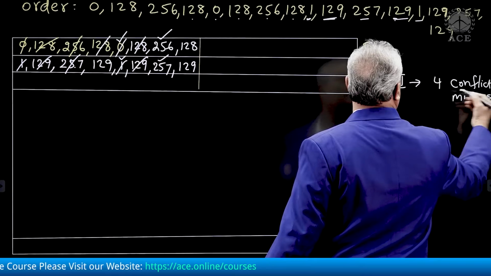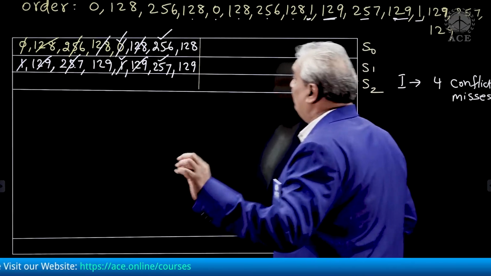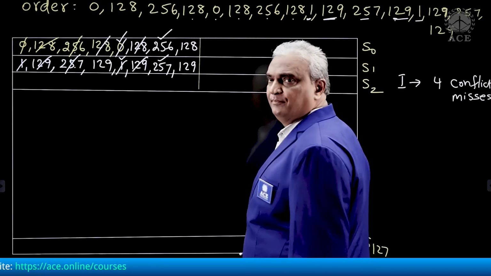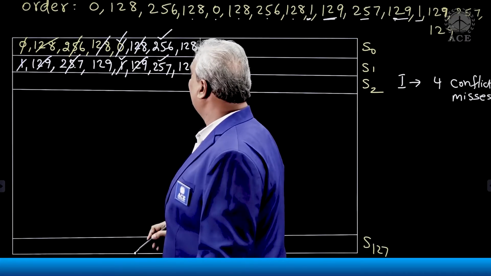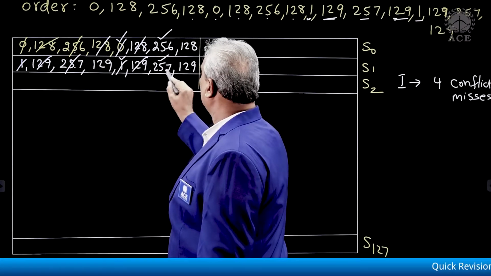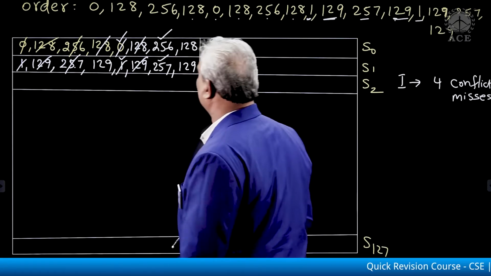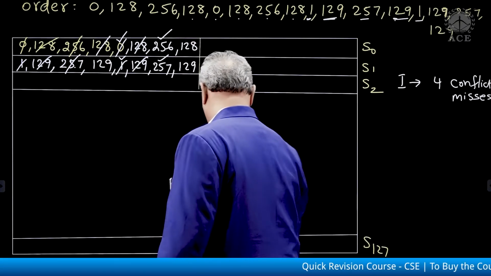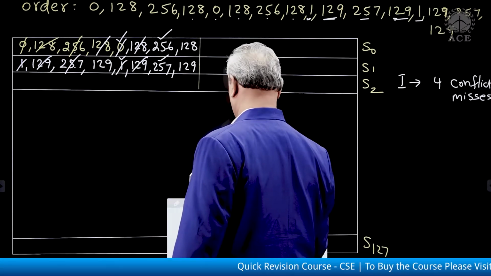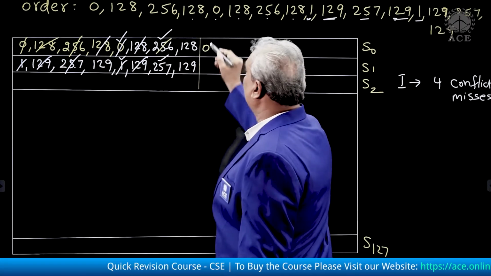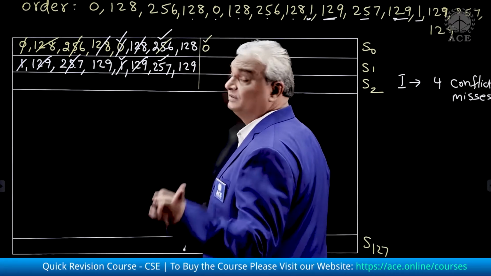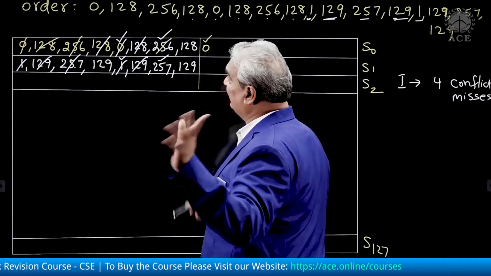Okay. Next. Before starting the second time, first find the blocks available in the cache: 256, 128, 257, 129. What about the first request? 0. So it is replaced with 0. Which type of miss is it? Conflict miss, from the second time onwards.